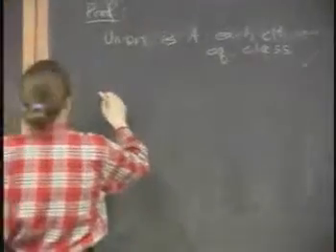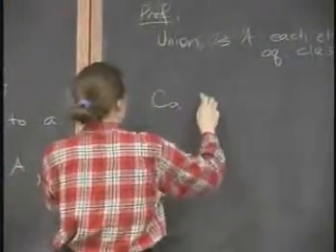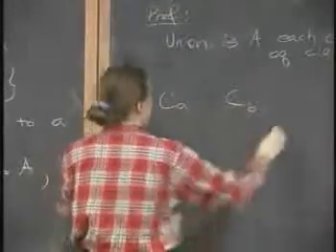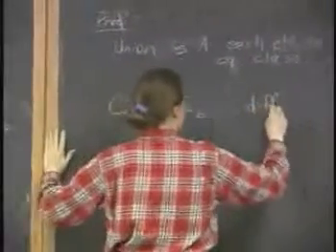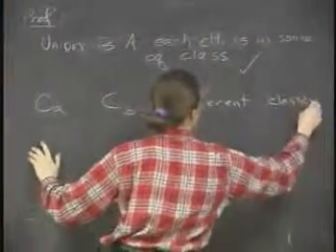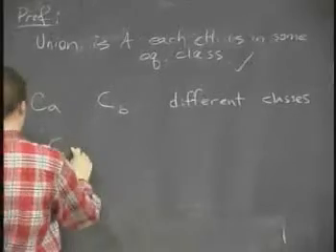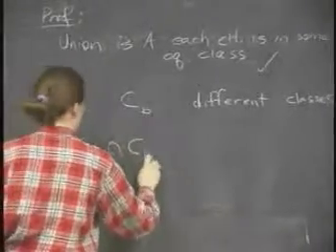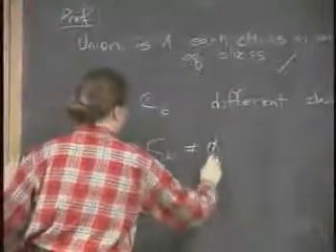Now, suppose we have C_A and C_B different, and suppose C_A intersected C_B was not empty.